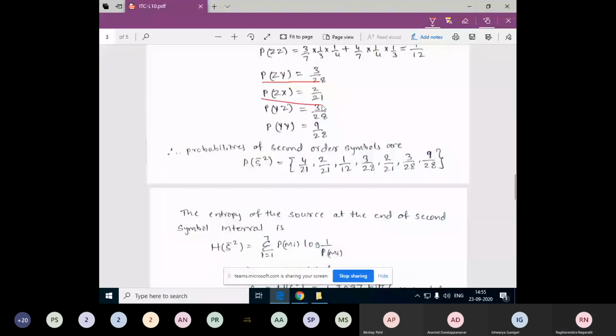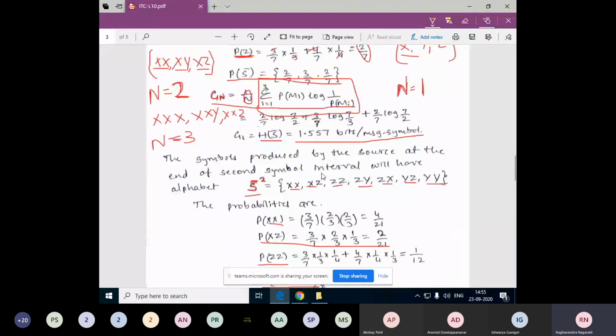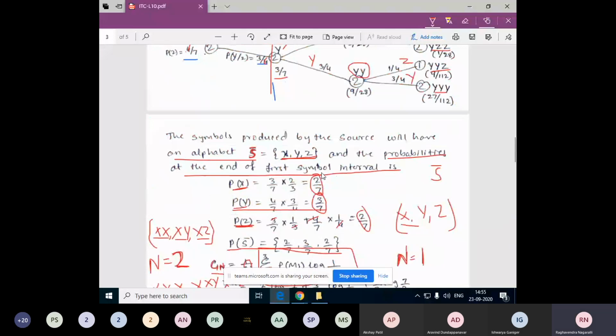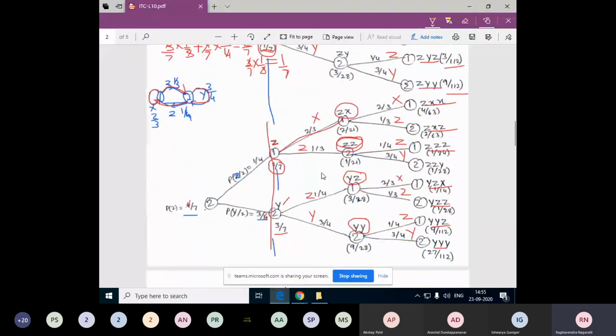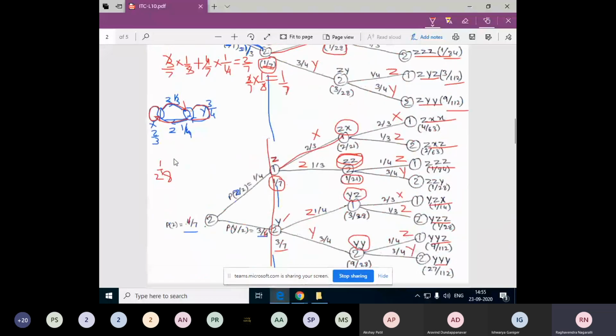We can write the rest, but for ZZ, which is repeated 2 times, we need to add these 2: 1 by 28 plus 1 by 21. To get the final probability of a symbol which is repeated 2 times, we need to add the probabilities of those 2 transitions. 1 by 28 plus 1 by 21 gives 1 by 12 as the answer.